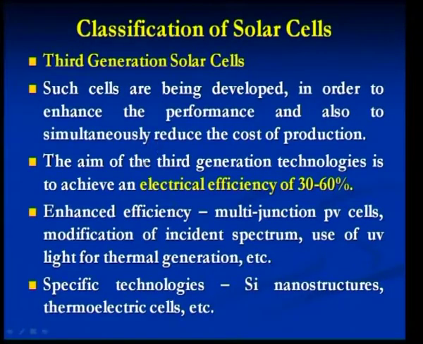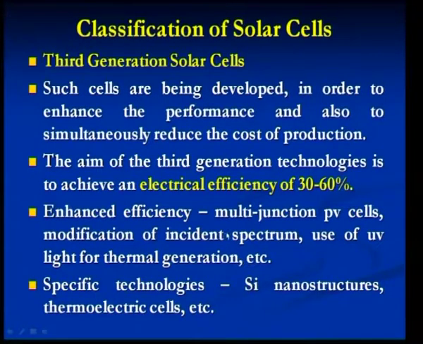Such third generation solar cells are being developed right now in order to enhance the performance and also to simultaneously reduce the cost of production. Now, the aim is not only to improve the performance, with efficiency to be increased, but also effective cost reduction methodologies are being tried presently in the third generation. The aim of the third generation technologies is to achieve an electrical efficiency as high as 30 to 60%.